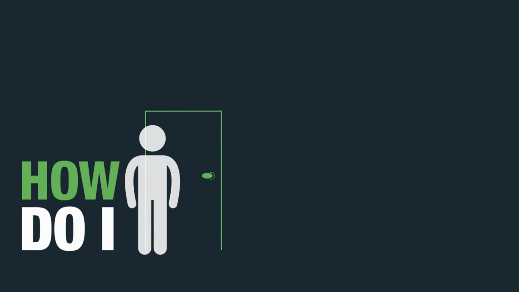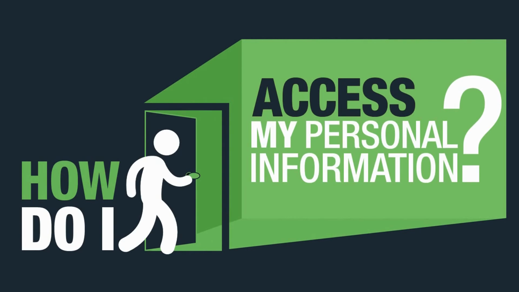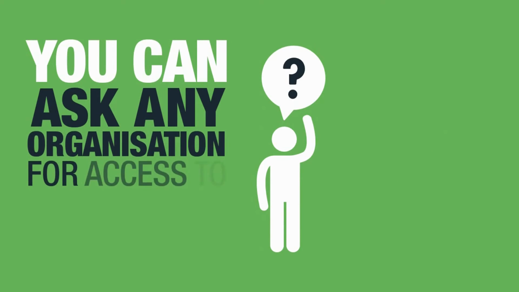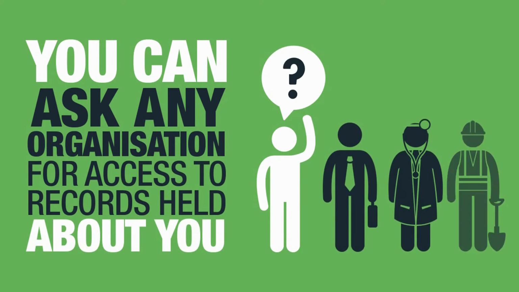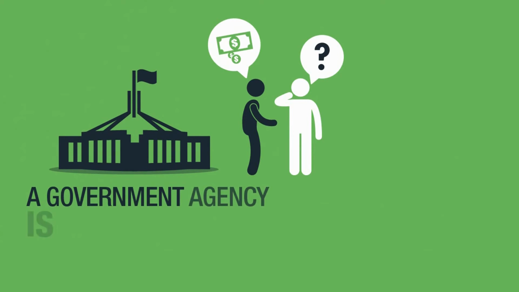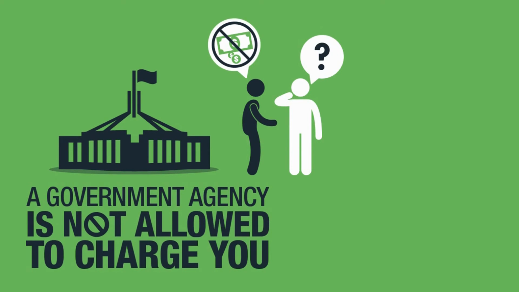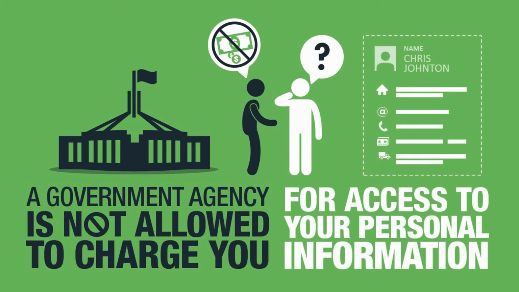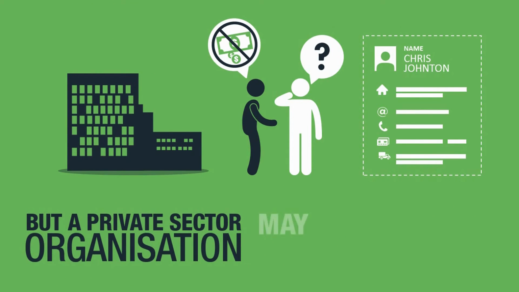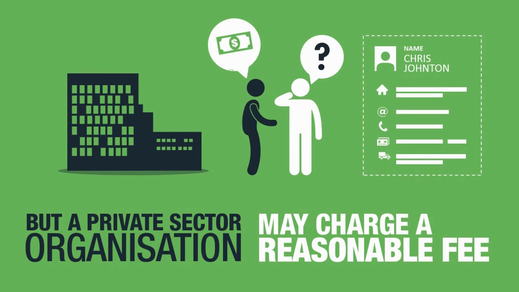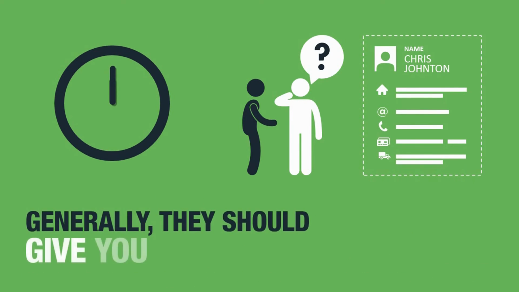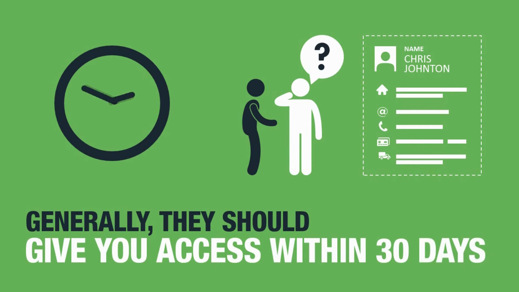How do I access my personal information? You can ask any organization for access to records held about you. A government agency is not allowed to charge you for access to your personal information. But a private sector organization may charge a reasonable fee. Generally, they should give you access within 30 days.